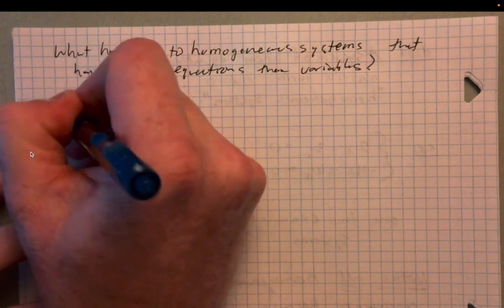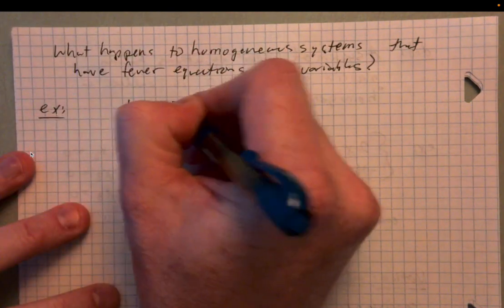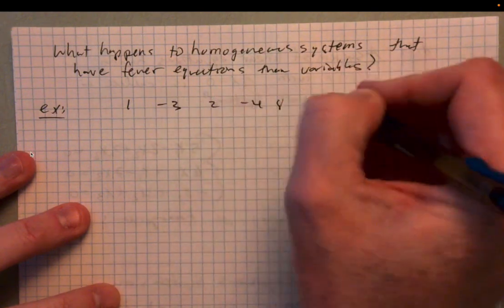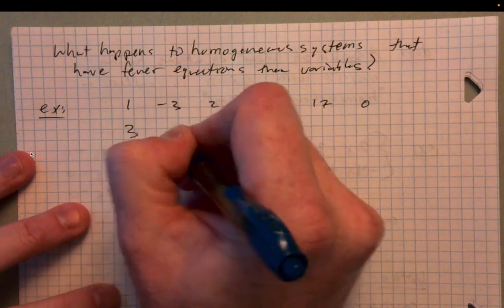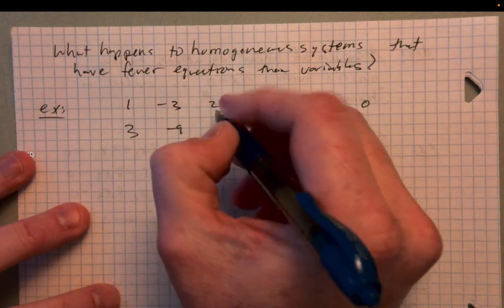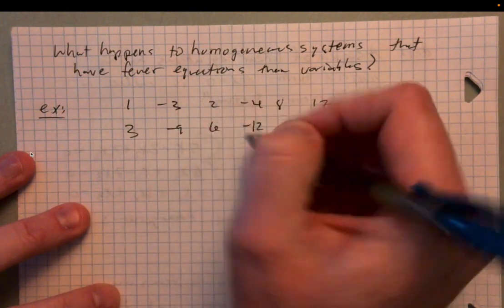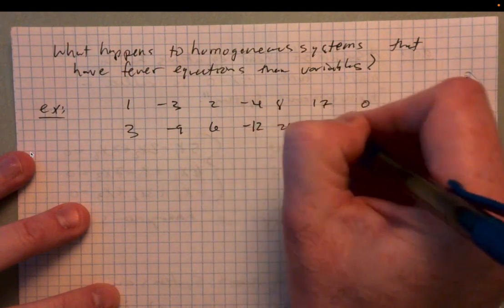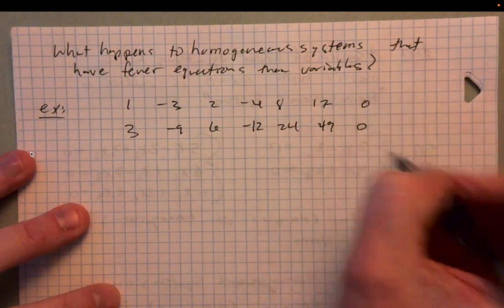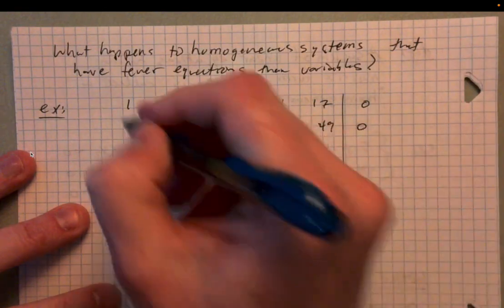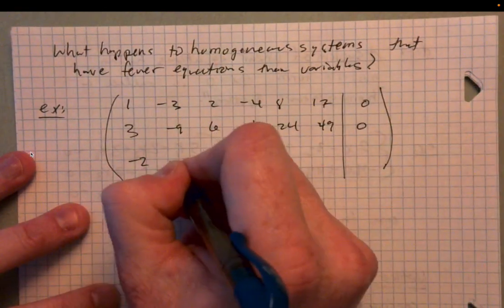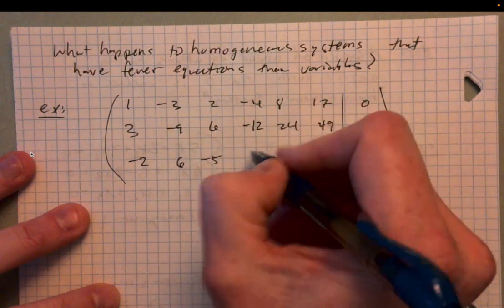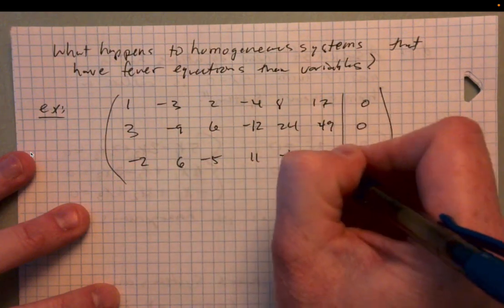Here's an example. Let's say 1, -3, 2, -4, 8, 17, 0. So kind of a big system. So 3, -9, 6, -12, 24, 49. Homogeneous though, right? So remember, this is my augmented matrix over here. -2, 6, -5, 11, -18, -40, 0.